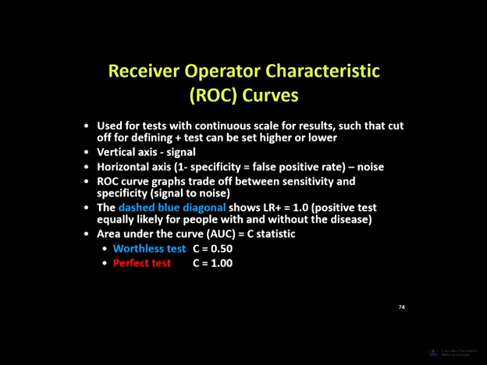And the area under the curve of your ROC curve, you can use that to calculate the C statistic. And most tests end up between these two extremes, like I said, of the worthless test, which has a C statistic of 0.5, flipping a coin, and a perfect test, where it's perfectly accurate every time. So most tests in the real world lie somewhere between those extremes.